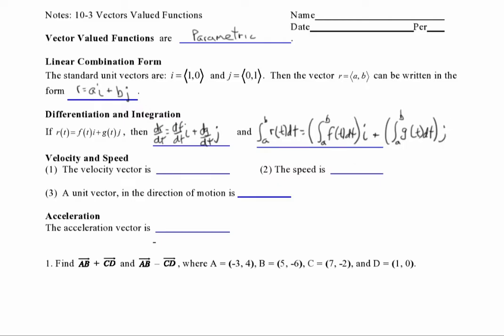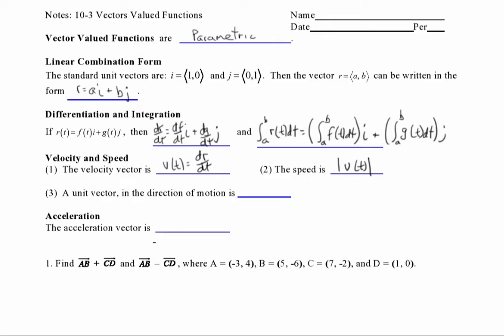Velocity and speed: r is going to be our position, so the velocity vector is going to be the derivative of it, dr/dt. And then the speed is going to be, just like before, the magnitude of the velocity vector.